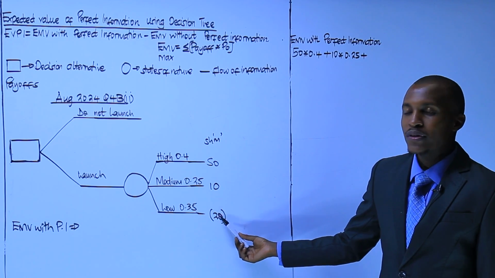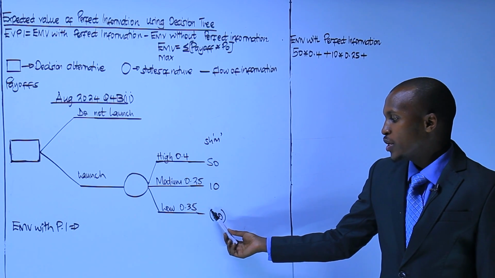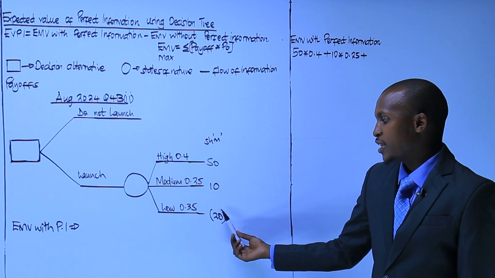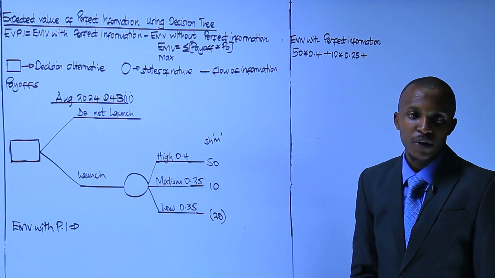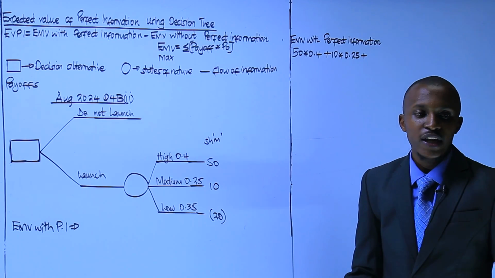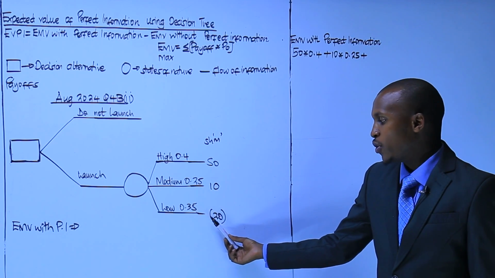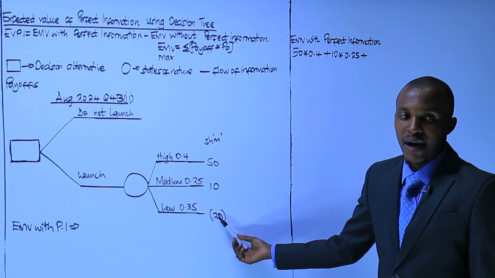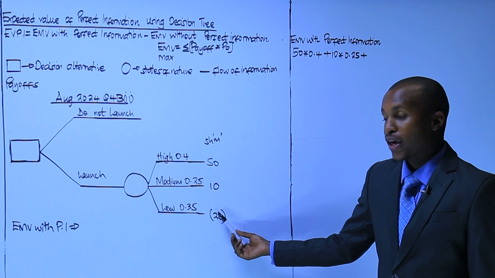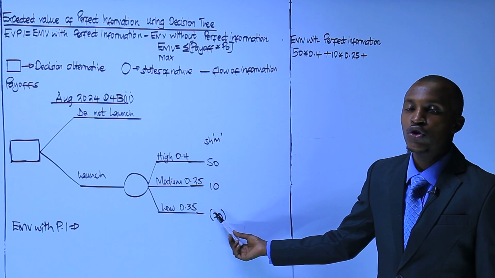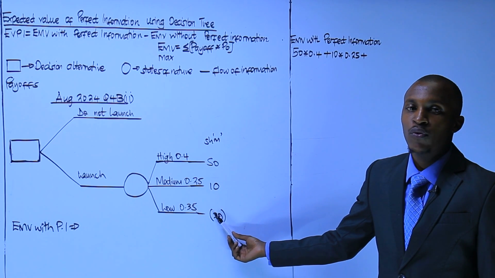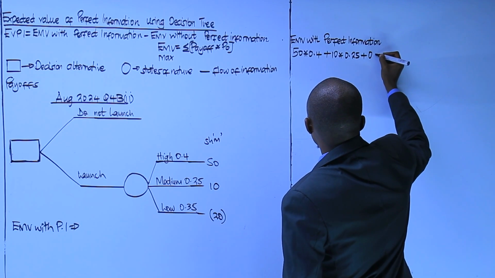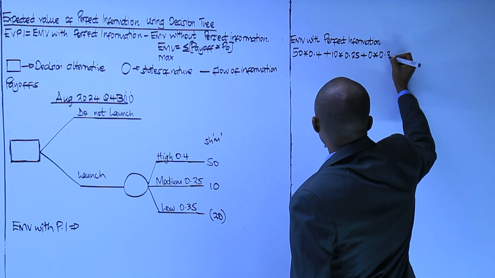But if you are sure that low will give you a negative, you will not have accepted to launch the product and generate a loss of negative 20 million. Instead you would have taken all the necessary measures such that you don't get a loss. You may not make a profit, but you do not make a loss, so you're going to have zero cash flows. So here instead of 20, you're going to have 0 times 0.35.